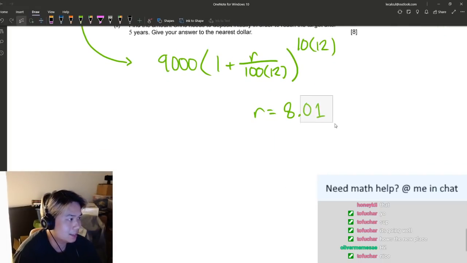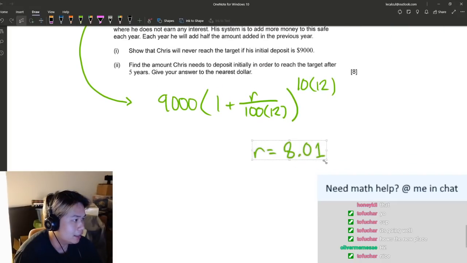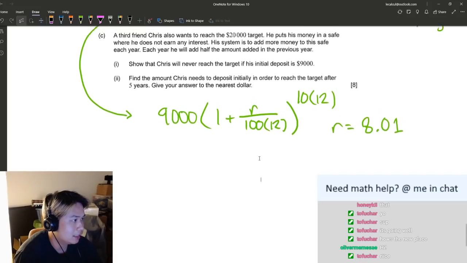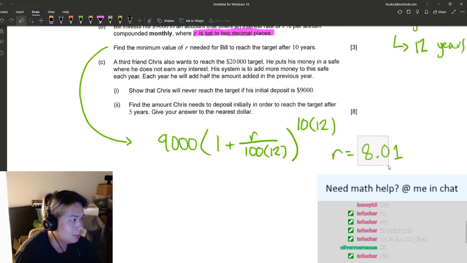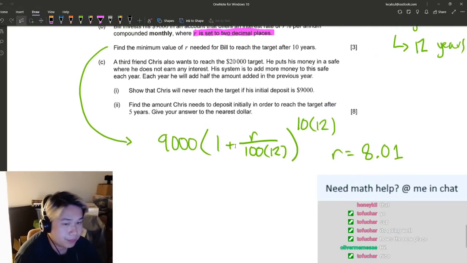I'm going to say that this is 2 decimal places. I don't care that much to find out the answer to that question. Is this 2 decimals, 8.0, or is 8.01 2 decimals? Because it has 2 decimal places. Yeah, whatever.